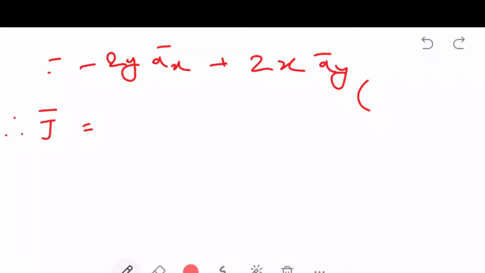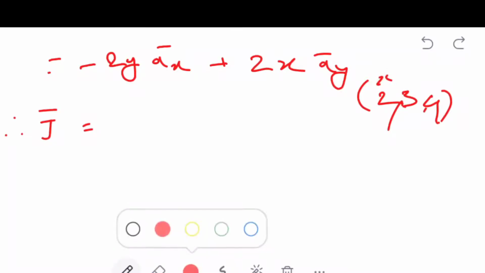At which point we have to calculate, the point is given: x equal to 2, y equal to 3, z equal to 4. We have to substitute in place of x, y, z.